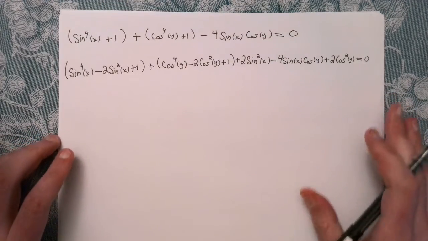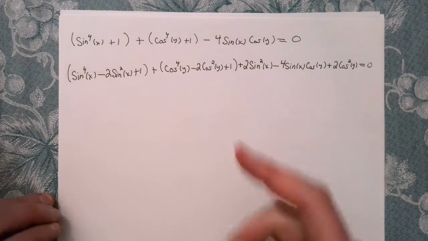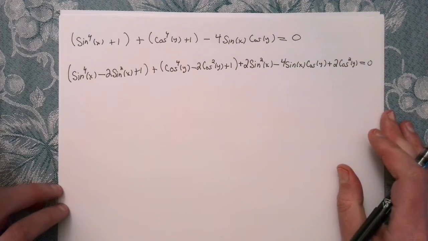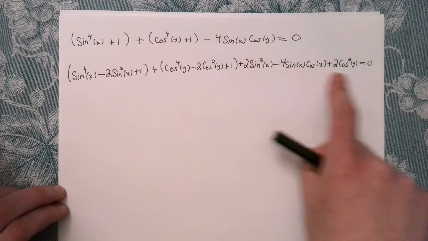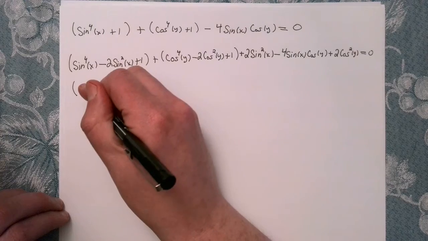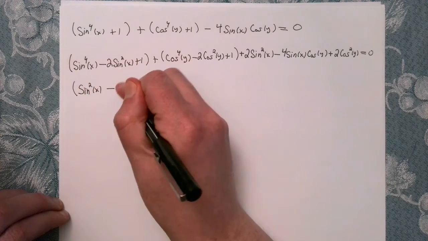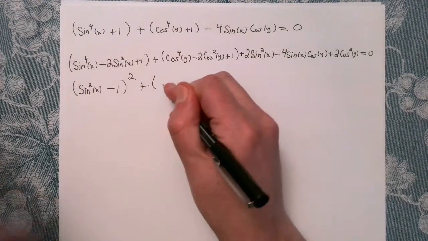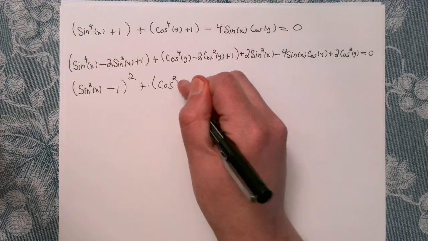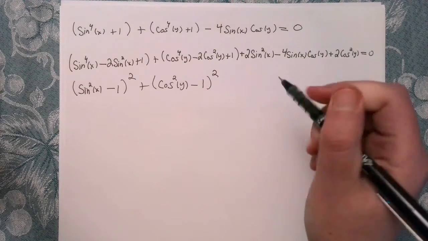So next, I think it's time to factor. Let's go ahead and factor this. That was the point of the auxiliary terms, the clever algebra. And we also want to factor a 2 out here. So factoring gives me sine squared of x minus 1, quantity squared, plus cosine squared of y minus 1, quantity squared.